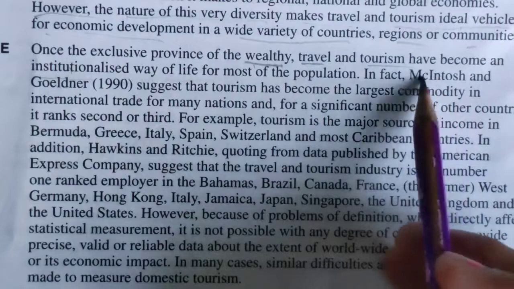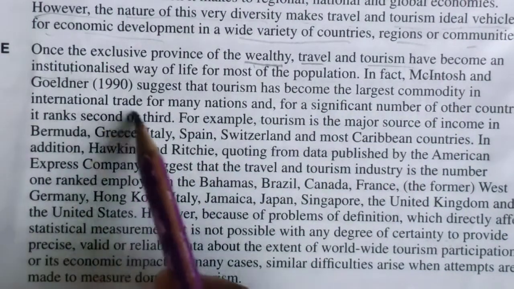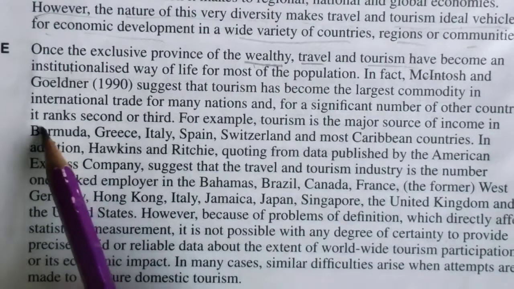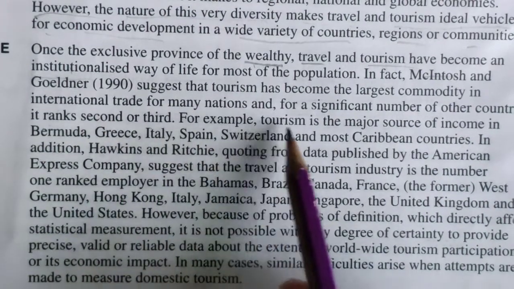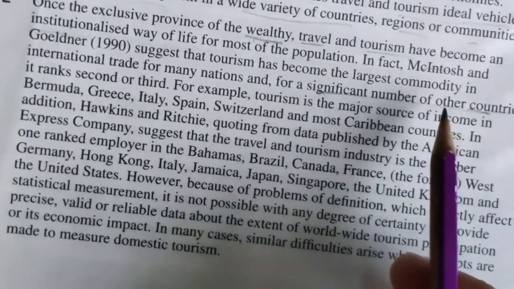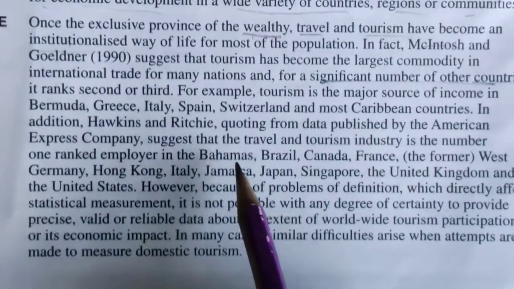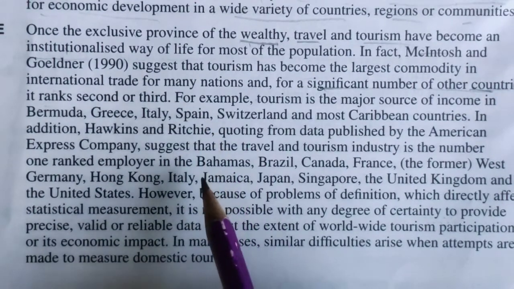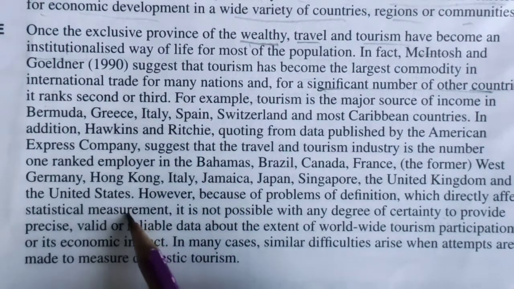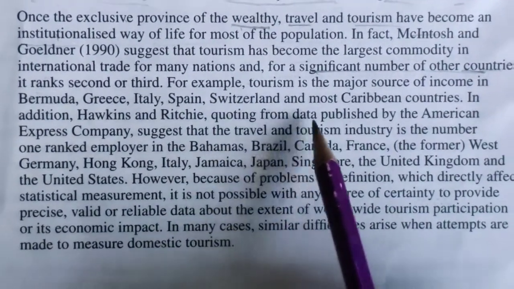In fact, this suggests that tourism has become the largest commodity in international tourism for a significant number of other countries. Okay, for a significant number of other countries. So I told you when you will be finding so many words relating to countries and all, no doubt the word was in other paragraphs also, but still we are getting so many countries names here.